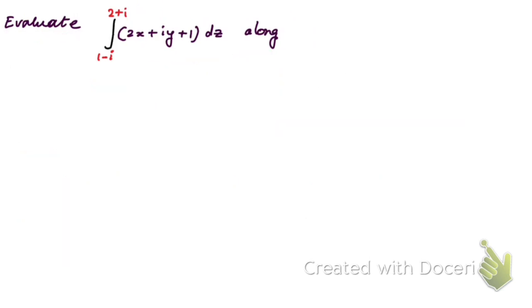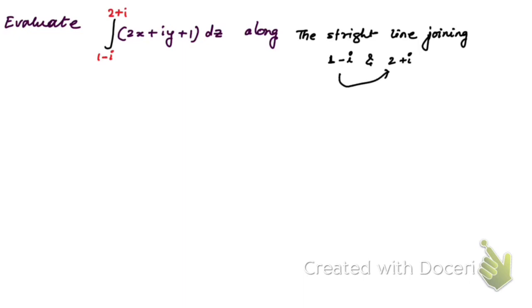Now let us solve the second part. So we are to integrate along this straight line joining these 2. So how to do that? First we're going to find the equation representing this line. Let me write the solution here. Solution.